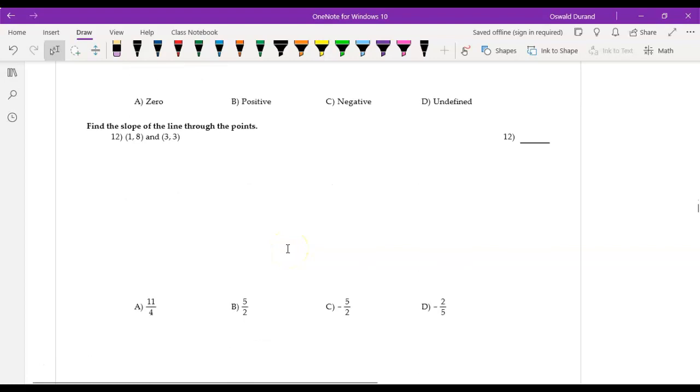All right, so how do we find the slope of the line through the points? Let's look at the formula. Let's label those ordered pairs first. So x1, y1, and then here is x2, y2, 2 different points. So what is the slope?